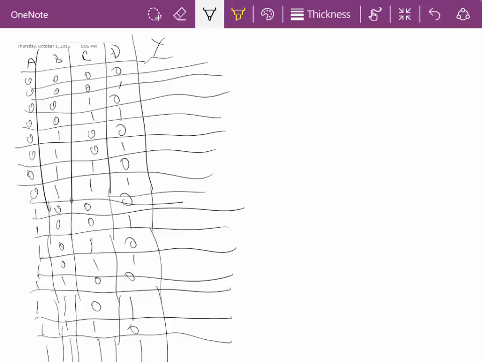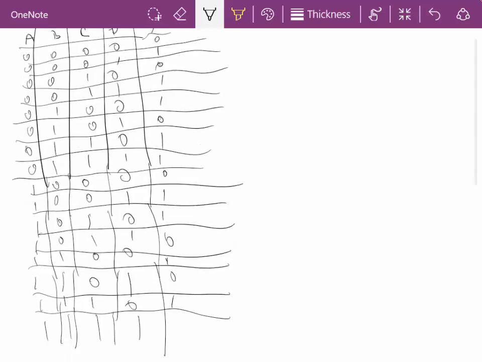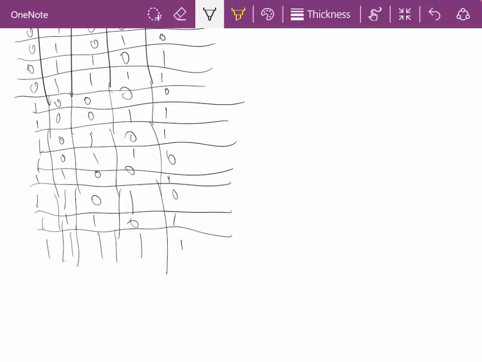Last time I did this, I came up with the ugliest Karnaugh map on the planet. I'm just going to do it relatively straightforward here, and hopefully it's not ugly. All right.